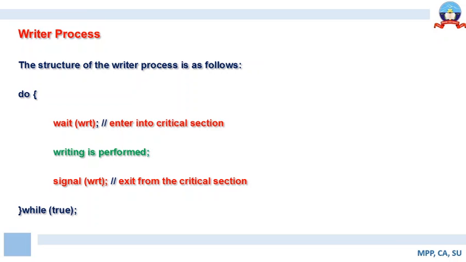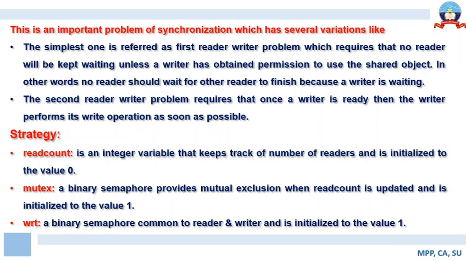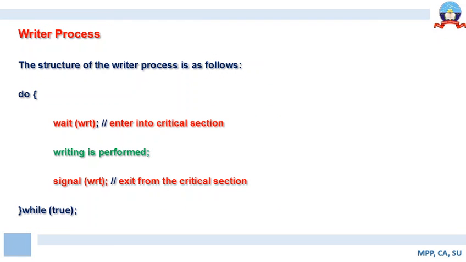Wait is a function that will validate the value of WRT, which, as we have discussed, is initially set to 1. WRT is a binary semaphore common to both reader and writer.